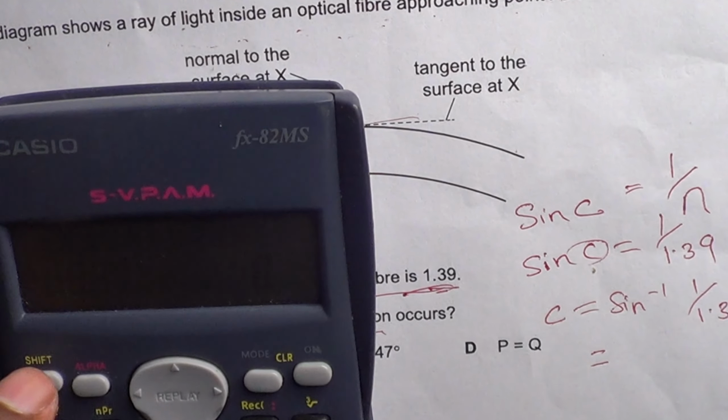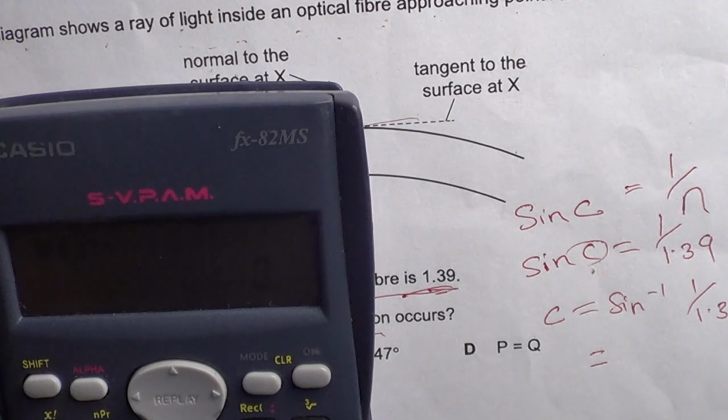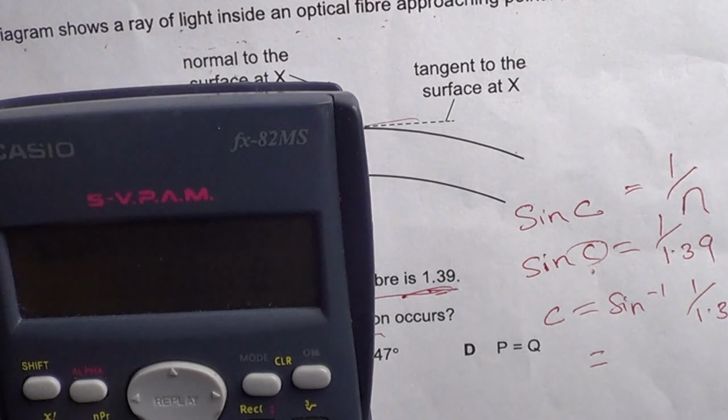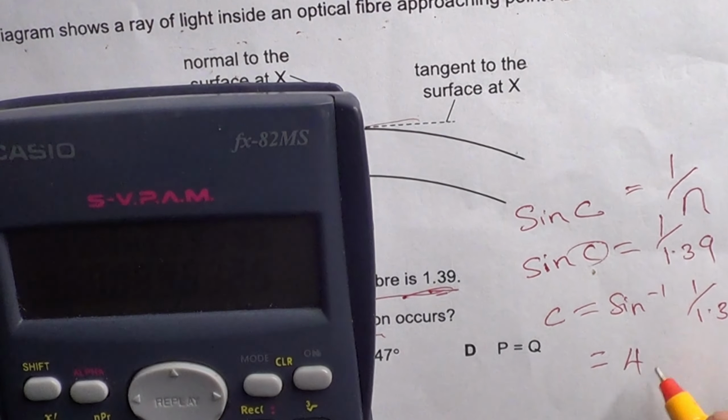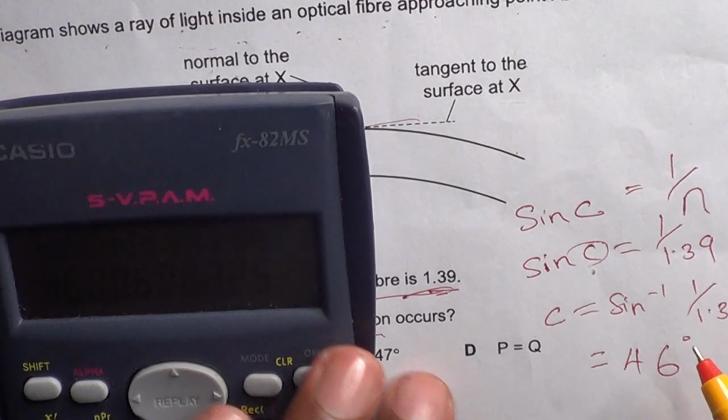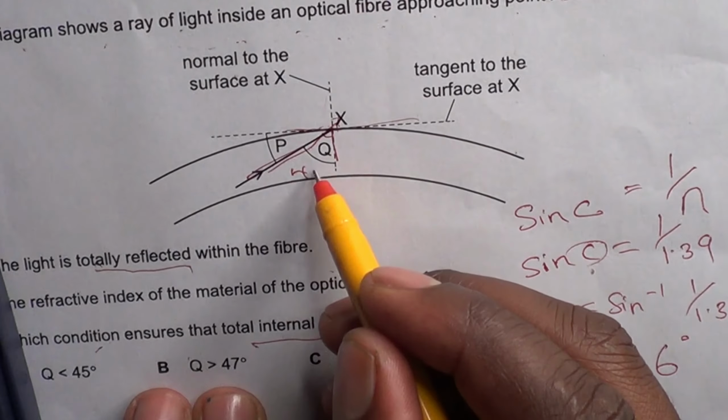That is the sin inverse of 1 over 1.39, and we get 46 degrees. So this angle here is 46 degrees.